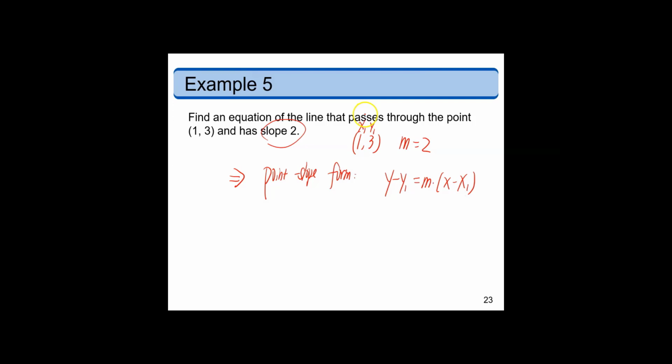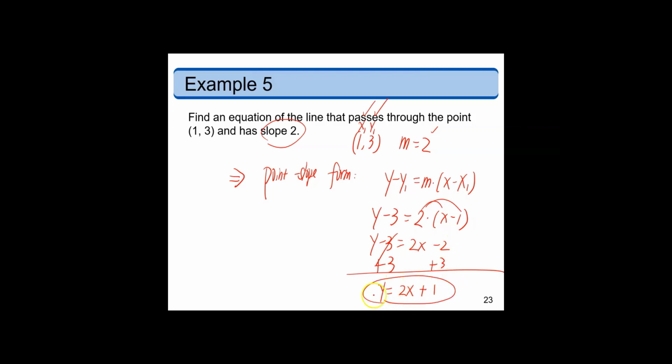Here we know x1 and y1, and we know the slope. So y minus 3 equals 2 times x minus 1. On the right hand side, we distribute using some algebra. So y minus 3 equals 2x minus 2. Then we add 3 to both sides of the equation. Cancel that, and we get the equation y equals 2x plus 1, since 3 minus 2 is 1. So we determined the equation of the line.